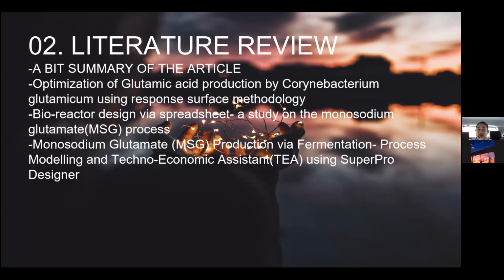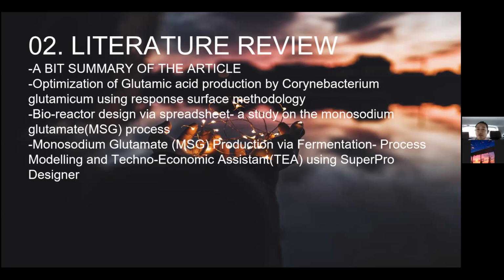This article talks about three types of carbon sources and three types of nitrogen sources, whereby for the carbon sources they use glucose, sucrose, and fructose, while for the nitrogen sources they use urea, ammonium sulfate, and potassium nitrate.